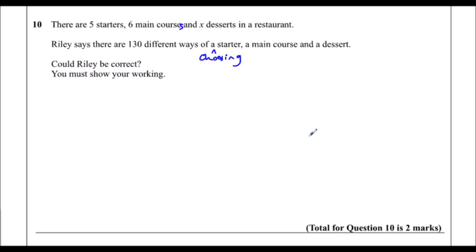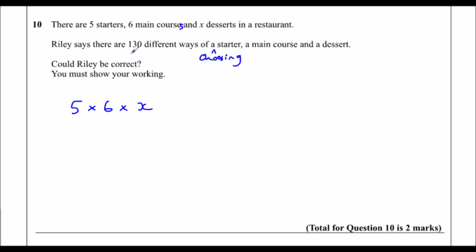Could Riley be correct? You must show your working. So the number of ways of picking is 5 times 6 times x. It's the product rule for counting. 5 times 6 times x.